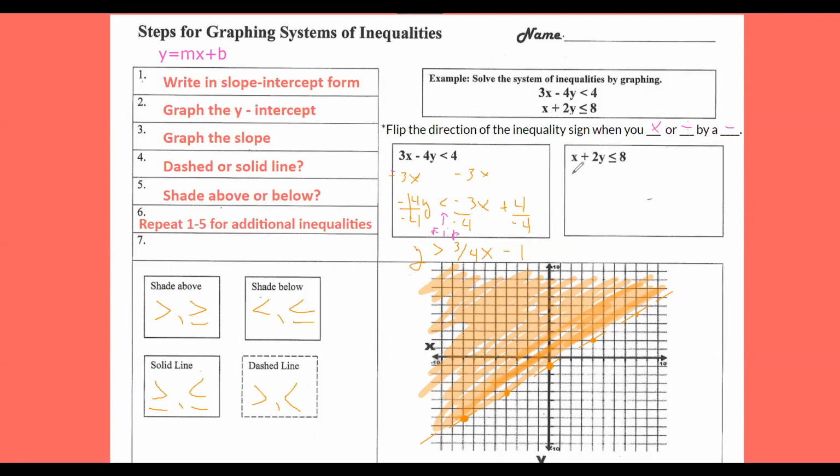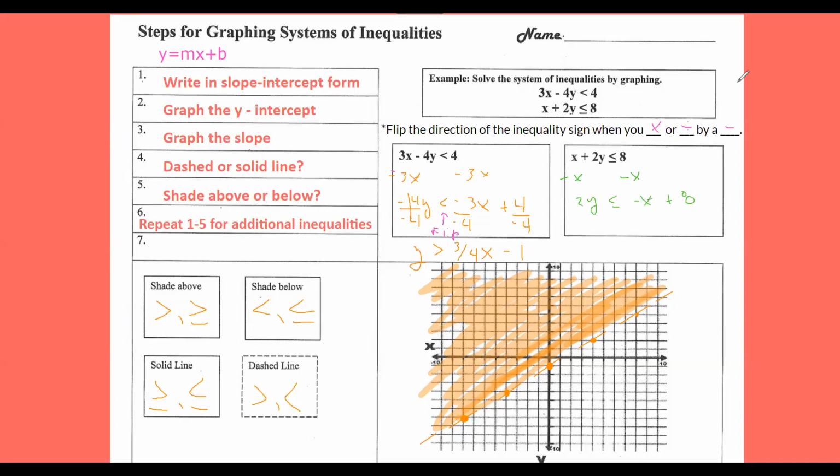Okay, so we've got x plus 2y is less than or equal to 8. We need to get our 2y by itself. So we're going to subtract x from both sides. So 2y is less than or equal to negative x plus 8.